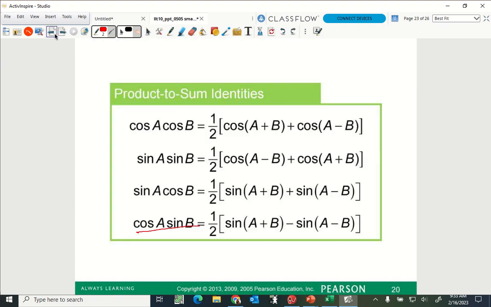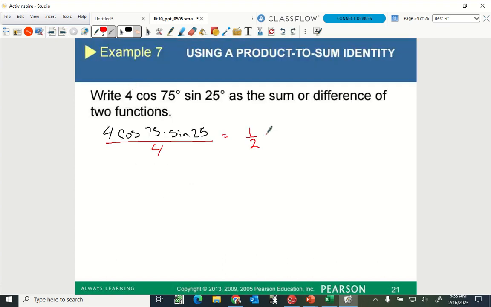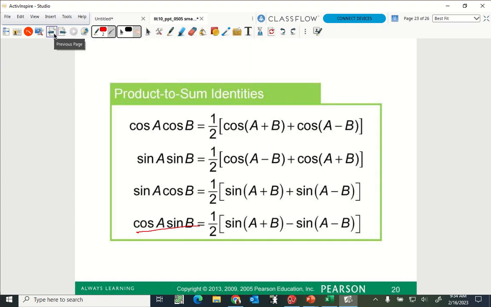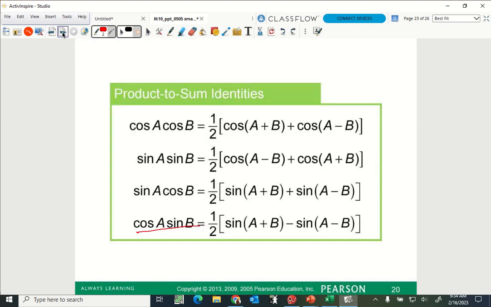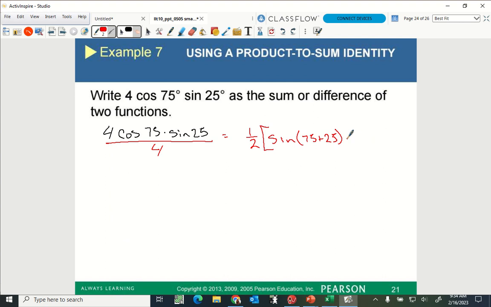And it goes bracket, sine of A plus B, where A is 75 plus B, 25, minus sine of A, 75, minus 25.